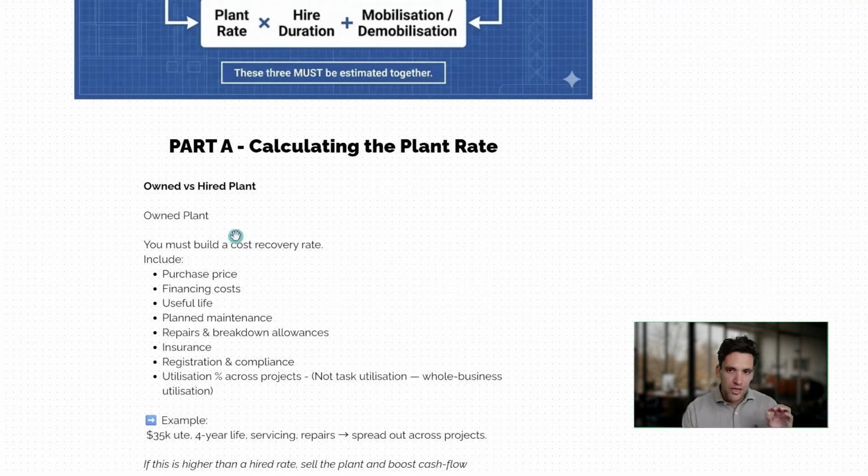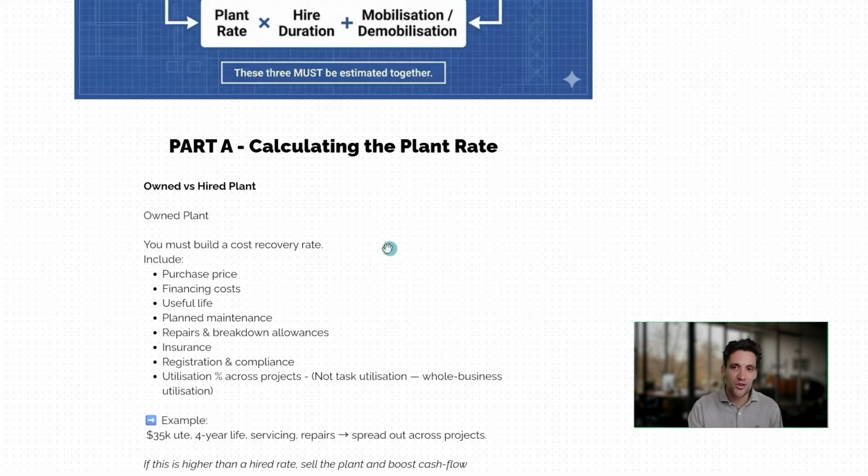Now, for the owned plant rate, basically, even though you own the piece of equipment, you need to build up what's referred to as a cost recovery rate. This is the rate you bill the project or you allocate to the project on your estimate to recover the cost of the plant.